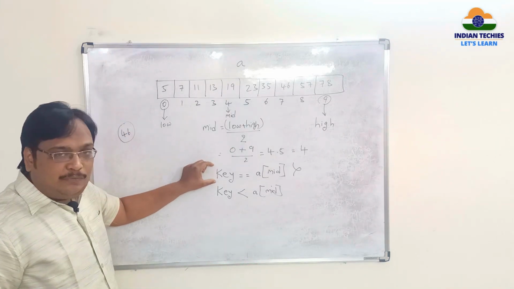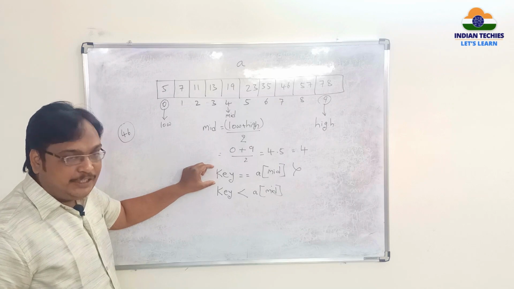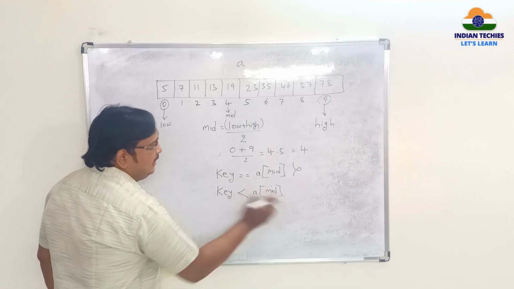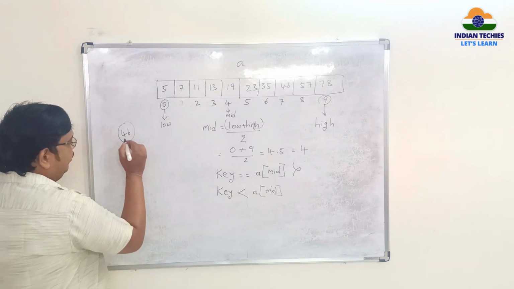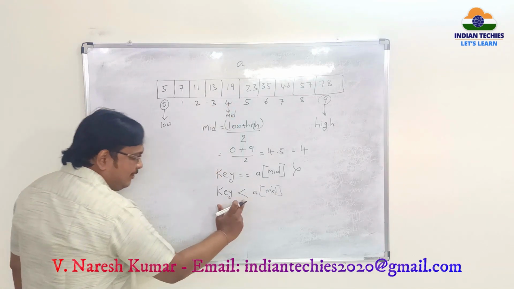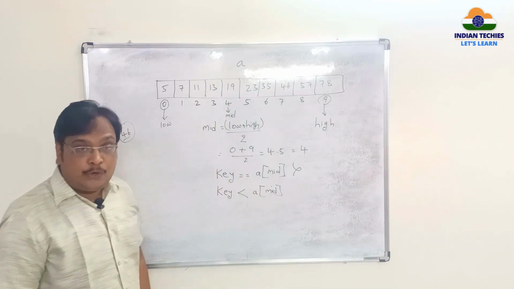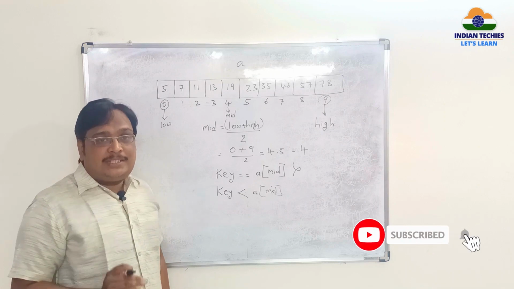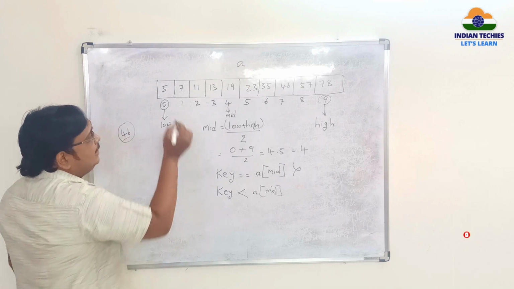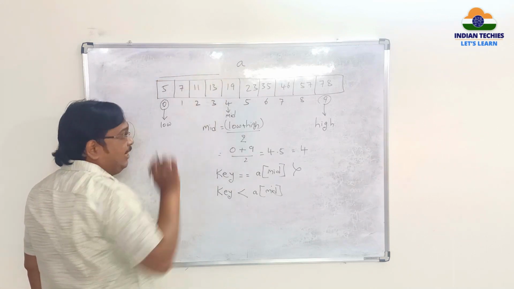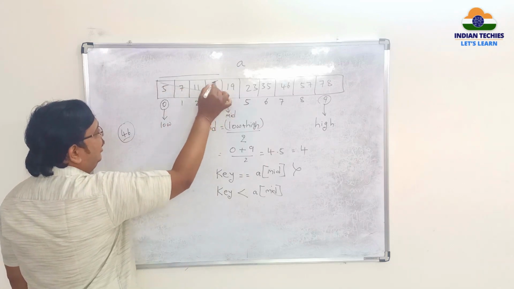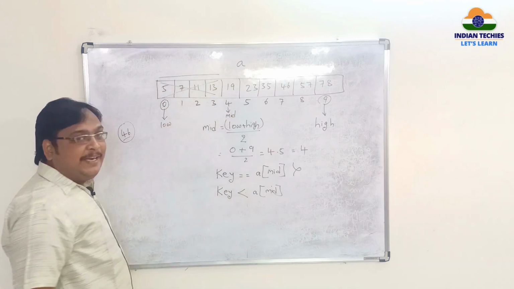If it is not matched, then the next condition is to check whether your key is less than A of mid. What is your key? 46. What is your mid value? 19. Is 46 less than 19? No. Since all the values are in ascending order, your value is not available in the left part of the mid.